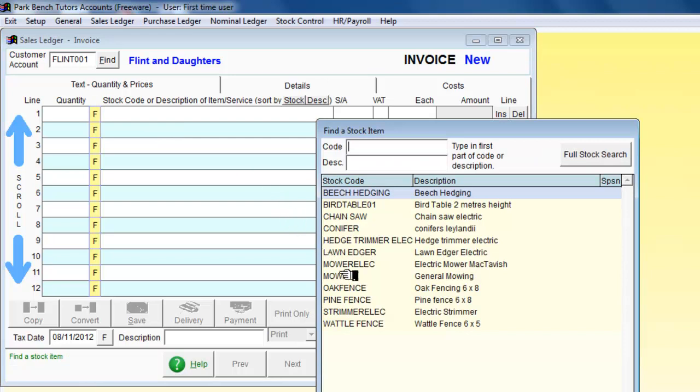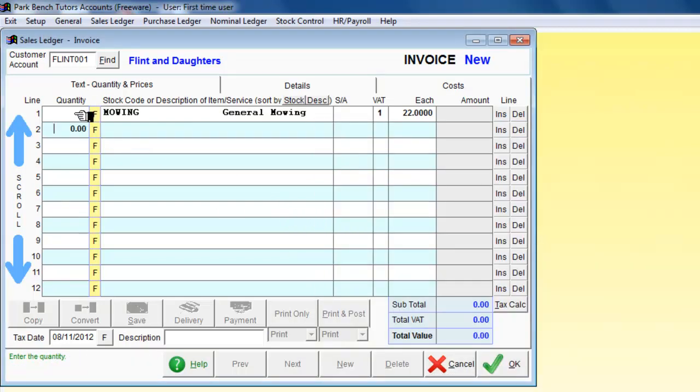And we are going to do mowing, and we're going to look at 25 hours of mowing. Of course, it helps if we get the 25 in. There we are. And on this occasion we've got a total of 550.